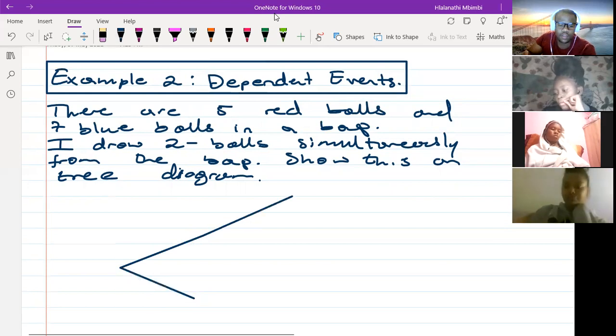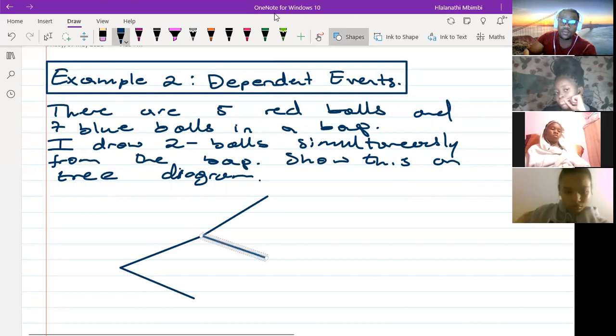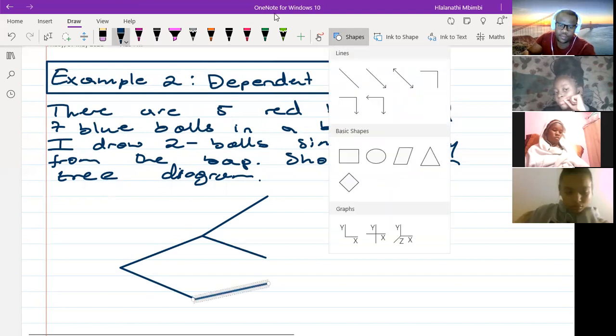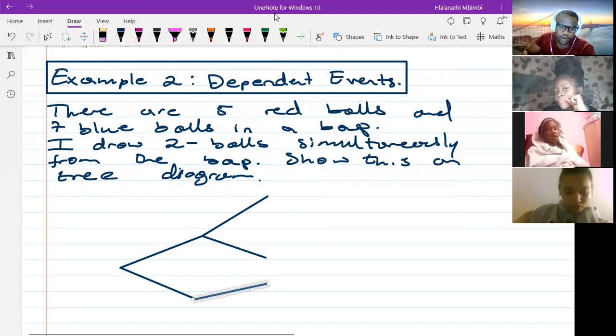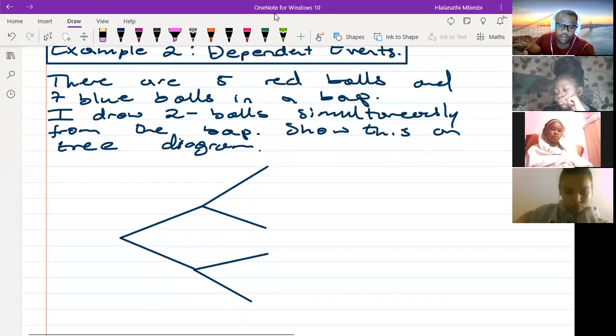This is going to be the first case. I mean, sorry, this is the second draw. Now we have to look at this problem before we jump onto it.